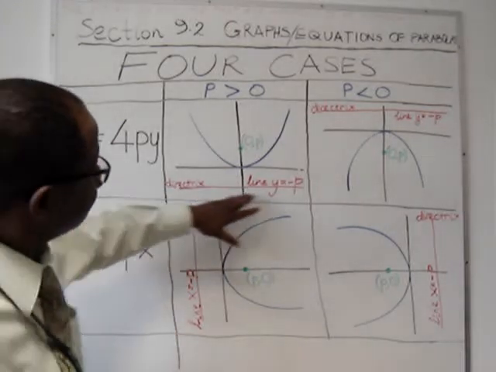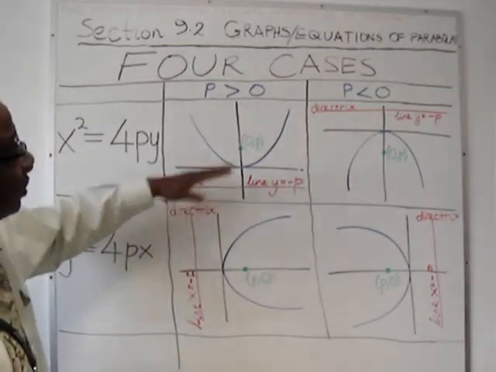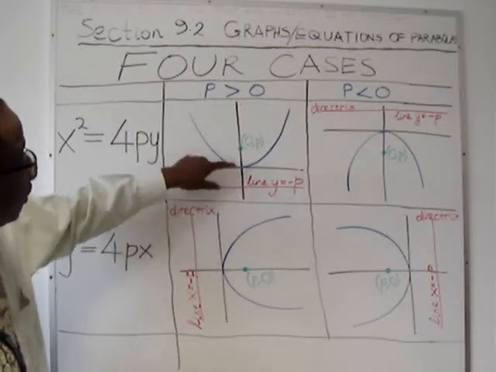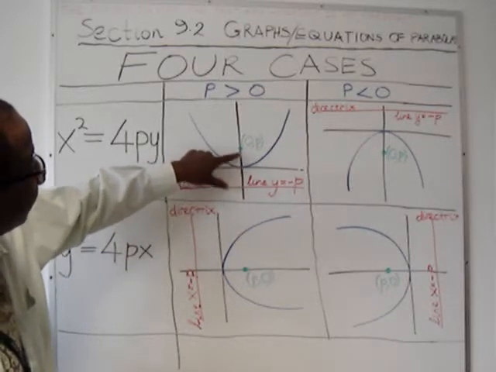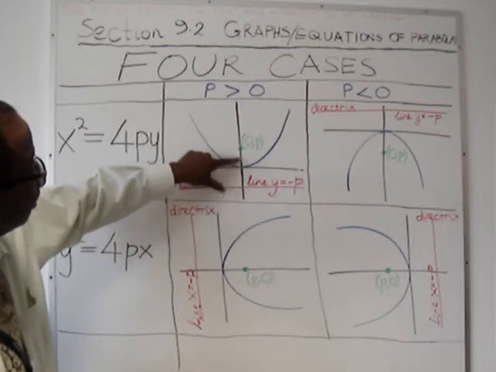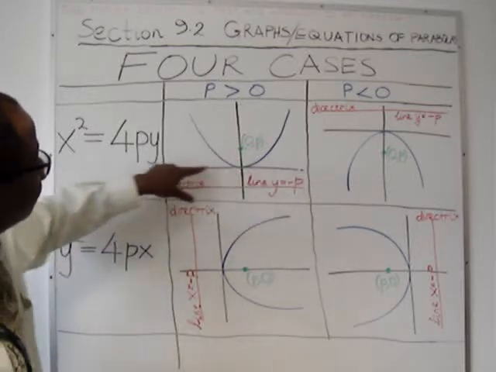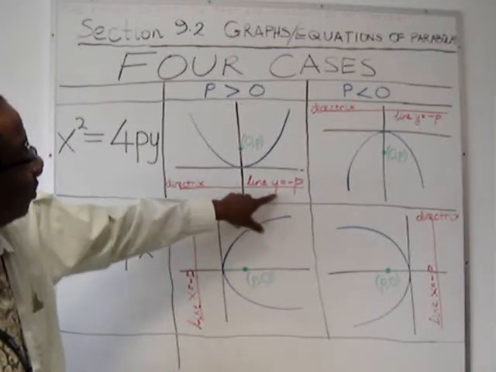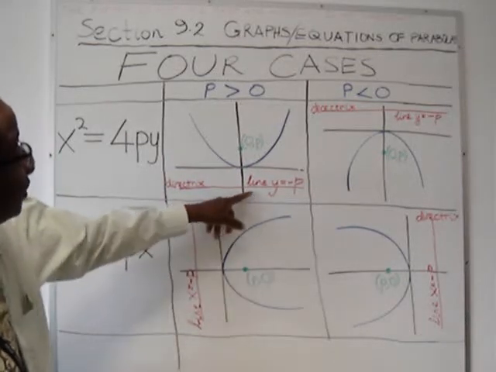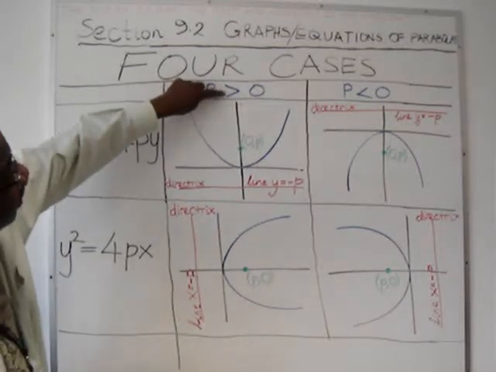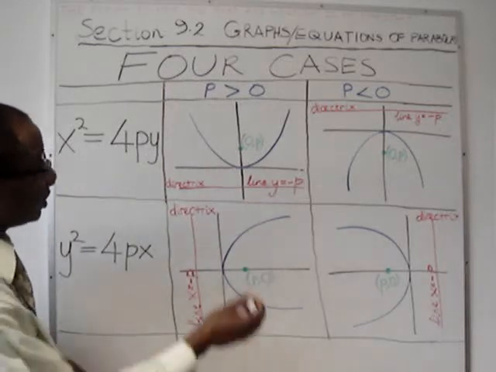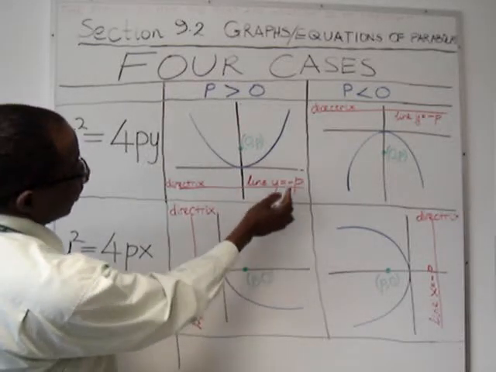And then the directrix, again, you can do that automatically. The directrix in this case is the same distance p as the focus from the vertex, so it has to be y equals minus p, because p is greater than 0 and we know y is negative down here.